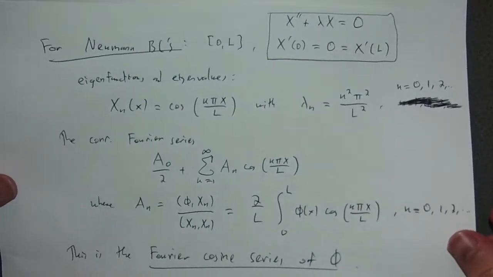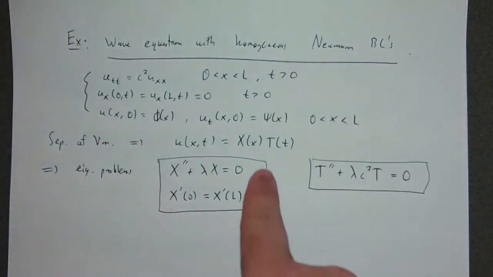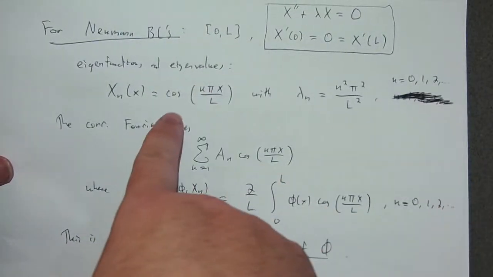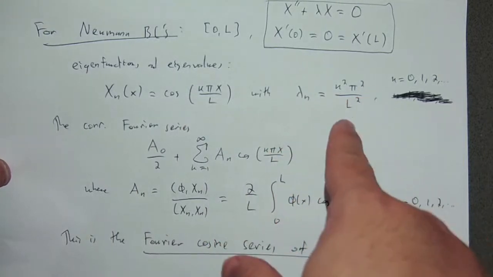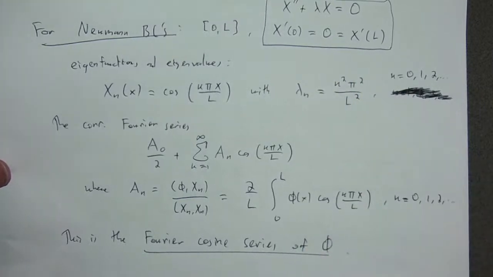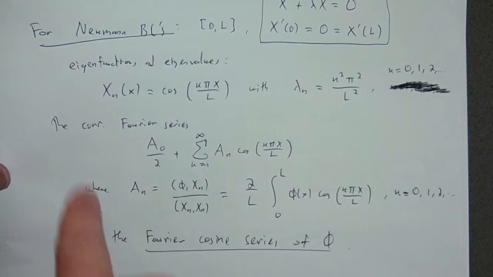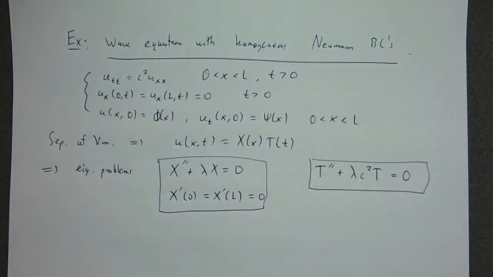For Neumann boundary conditions for an eigenvalue problem, which is exactly what we have, the eigenfunctions and eigenvalues are cosine of n pi x over L with eigenvalues n squared pi squared over L squared. Now, 0 is an eigenvalue, so that's something I have to remember in this case. Of course, here's the corresponding Fourier series and so on, which should factor into this somewhere.